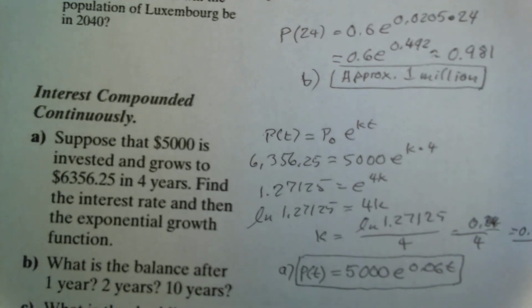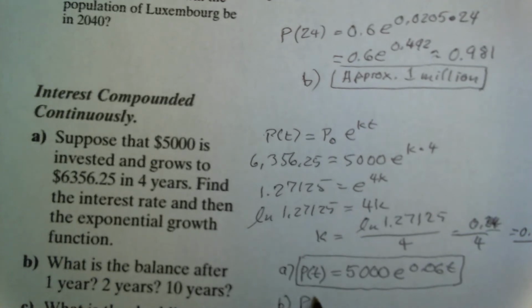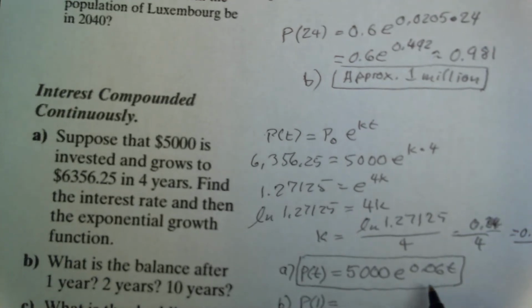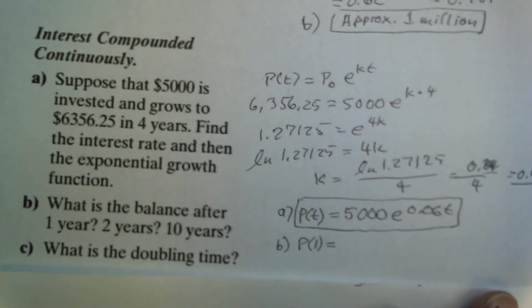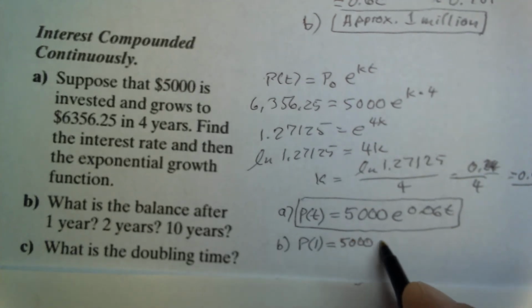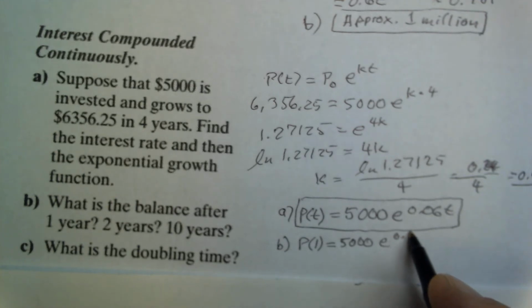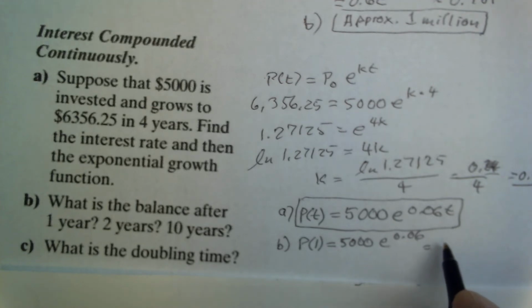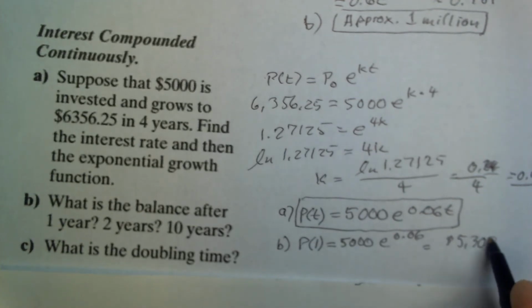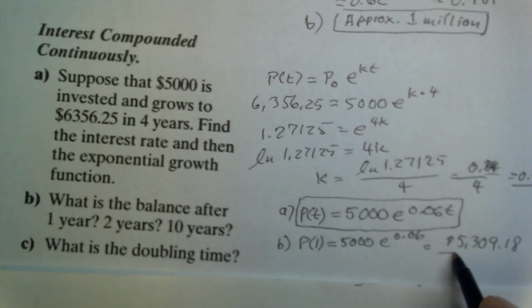And for B, the question is, what is P of 1? So when t equals 1. So P of 1 is equal to 5,000 e to the 0.06, and that's equal to 5,309 dollars and 18 cents.